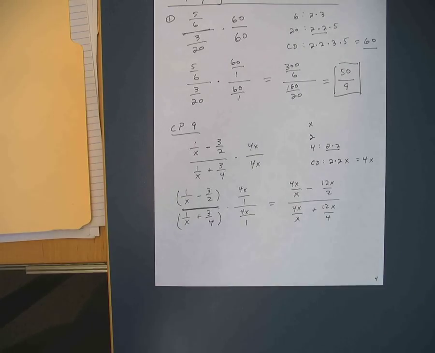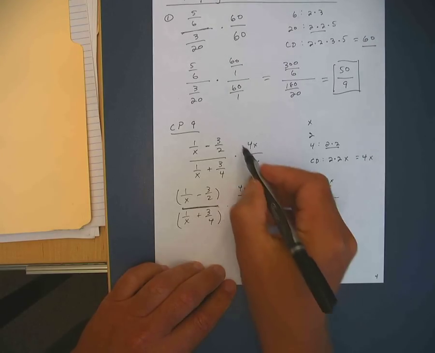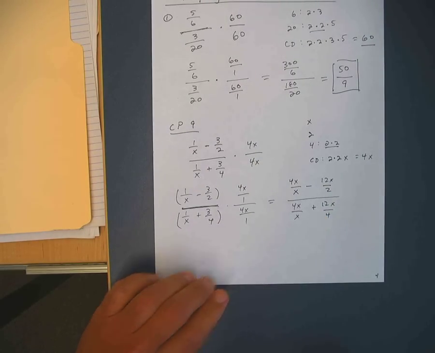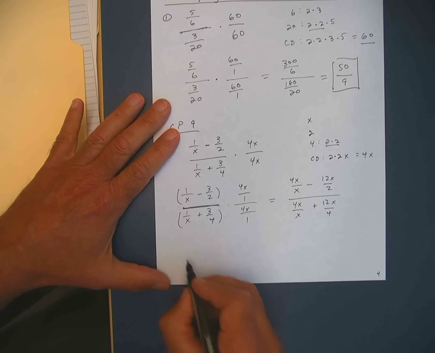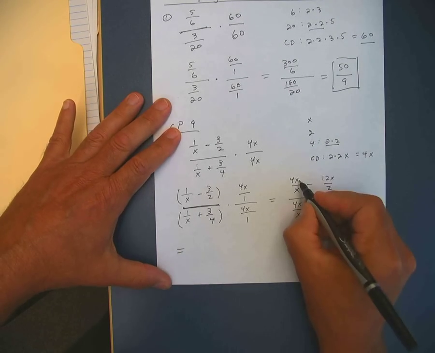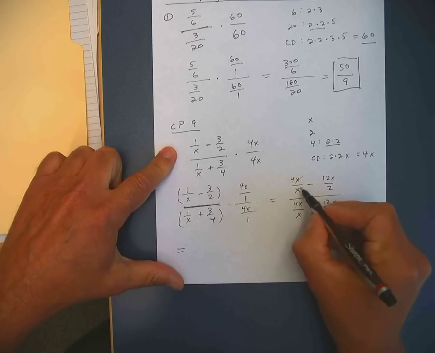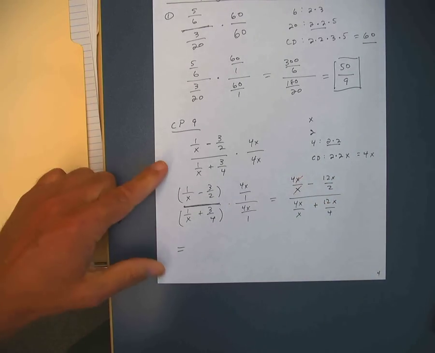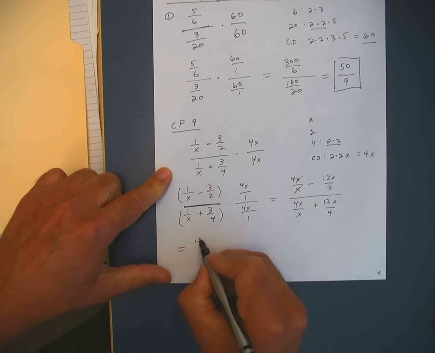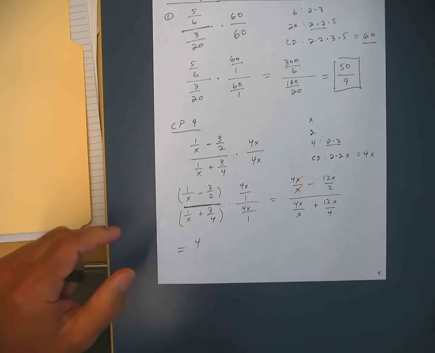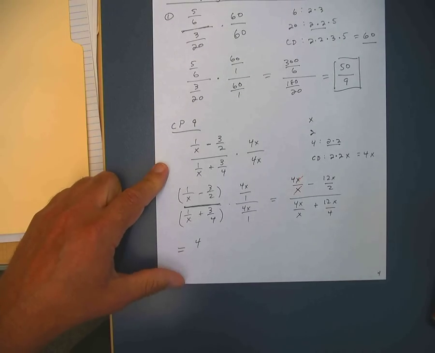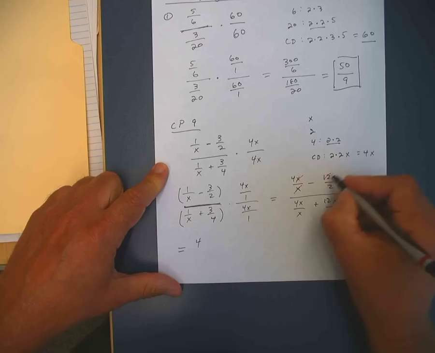Okay. Normally, with this method, it doesn't look like we're getting anywhere, because this certainly is not any simpler than this original problem, but we're going to get to a simpler situation quickly here. 4x over x, if you simplify that, you know that we can factor out an x from the numerator and denominator and just end up with a 4. If we look at this fraction, we have 12 over 2. If we divide those out, we'll have a 6 left, and we'll have an x.